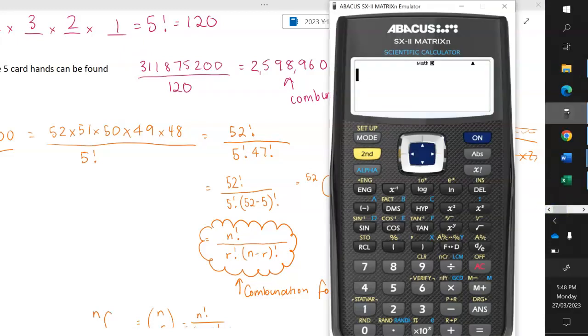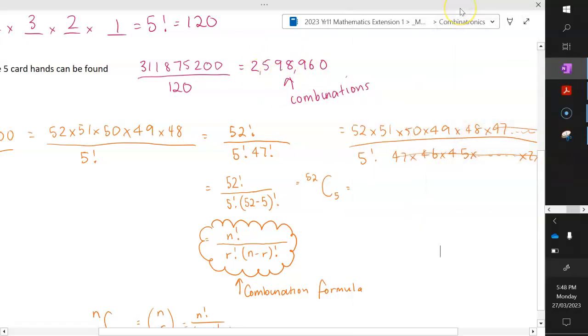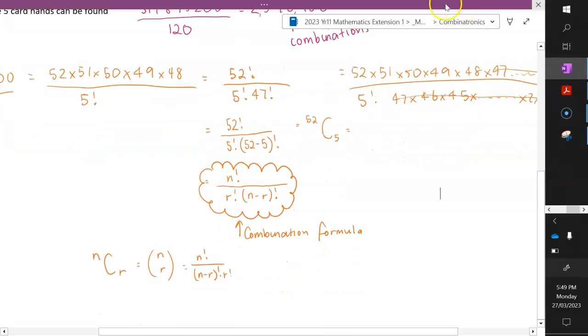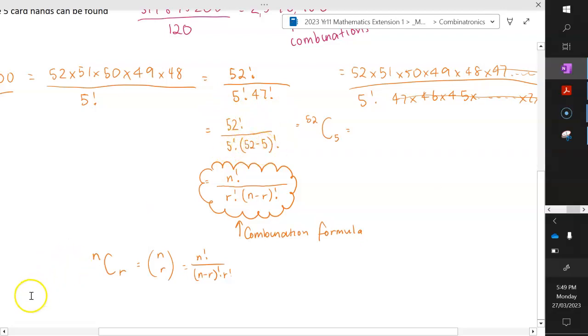So let's do that on here. So I've got 52. I'm going to choose 5 from that 52, and there's my number there, 2,598,960, which is the same as what we got up here. So yep, the formula works for our combination. I could also have just popped in my calculator 52 over 5 factorial, 52 minus 5 factorial. So they're all telling me the same thing.